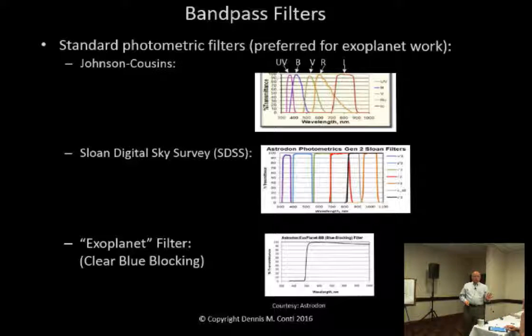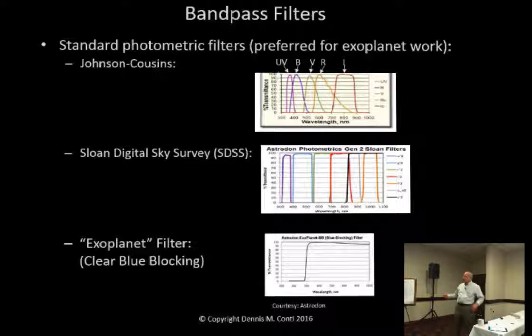All right, let's talk about filters. Many of you are familiar with some of this, but let me just run through it. Those of you who have done deep sky imaging have used red, green, blue filters, right? For photometric work, there are different types of standard filters. The most common are Johnson-Cousins and those used in the Sloan Digital Sky Survey.